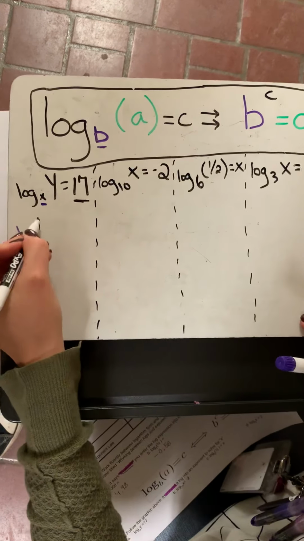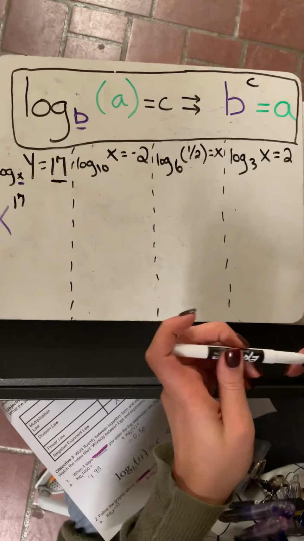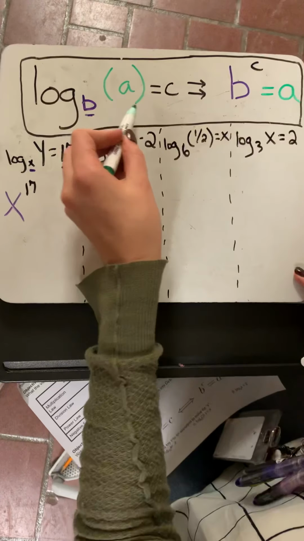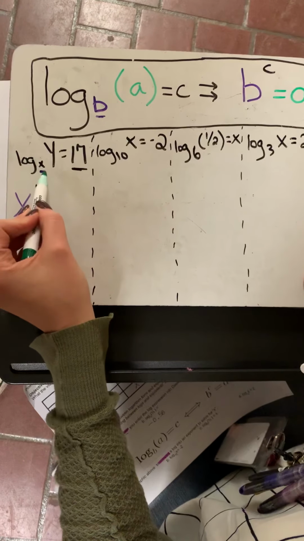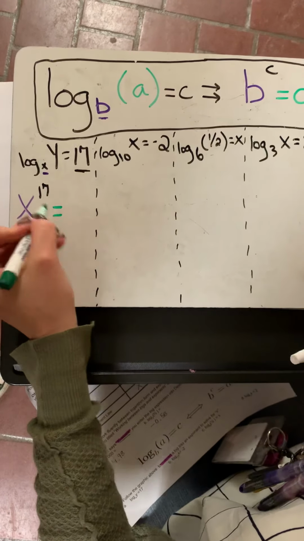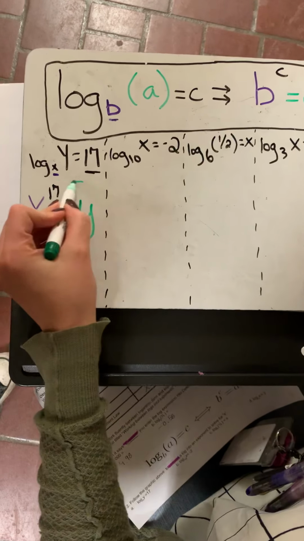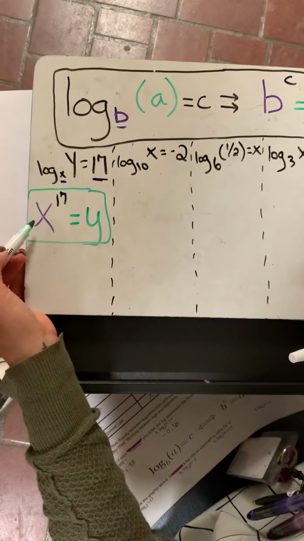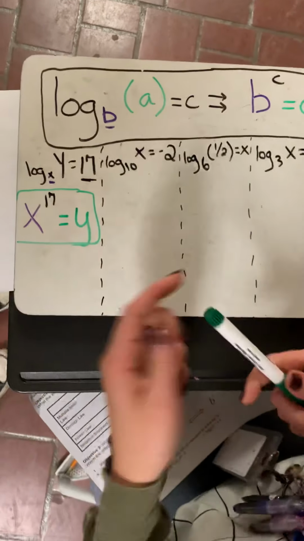So this becomes x with the 17 up high. And then last, what it's equaling, my A, is the number that's next to that little number, which is y. So this is my new equation that I converted from log to exponent. That'd be your answer.